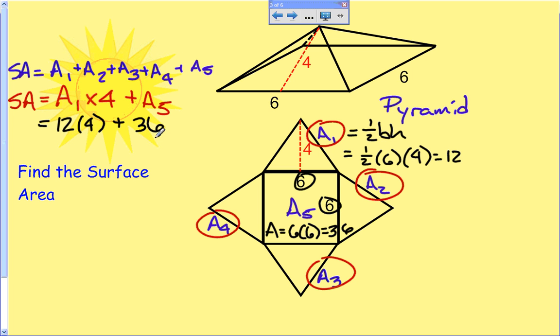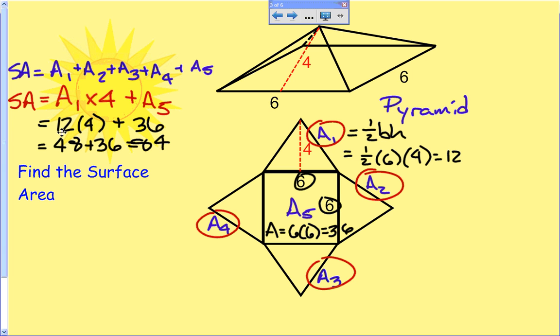So just to slow this down a little bit, I found the area of this triangle, 1/2 the base times the height, 1/2 times 6 times 4. It was 12. There are 4 identical triangles, so I'm taking that 12, the area of one triangle, and multiplying it times 4. Then I found the area of the remaining piece, which is a square, which is just 6 times 6. It's 36. So now I have 12 times 4 is 48, plus 36.